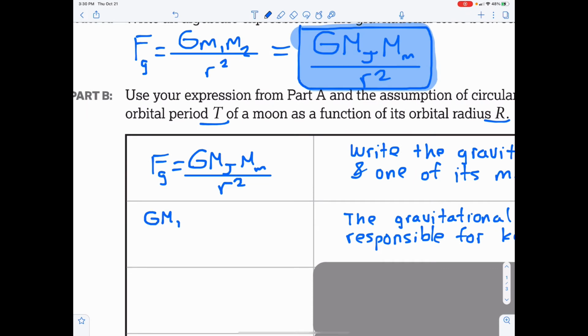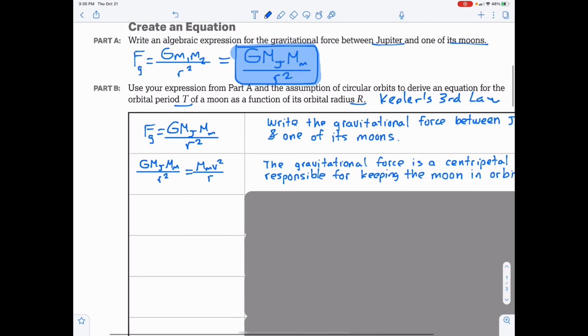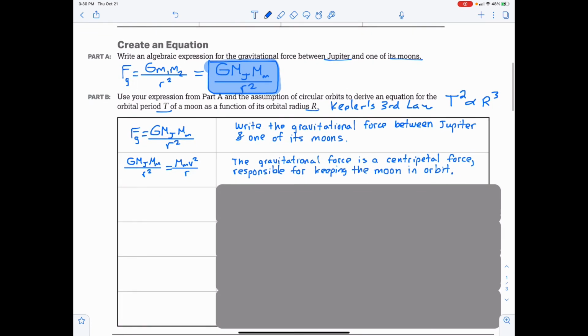G M_J M_m over r squared is equal to the mass of the moon times v squared over r. Gravity is a centripetal force. Remember, ladies and gentlemen, to pause while you're writing each description, and then you can resume copying the equation derivation on the left-hand side.